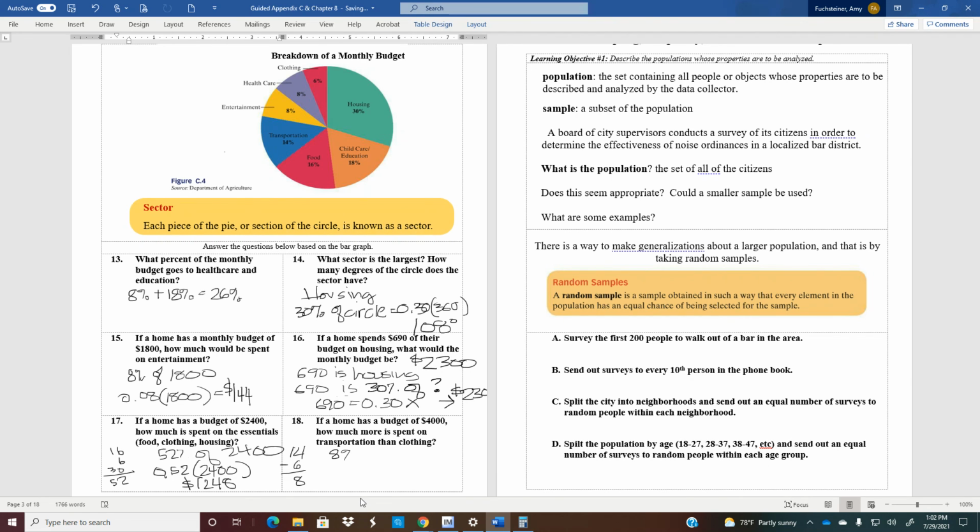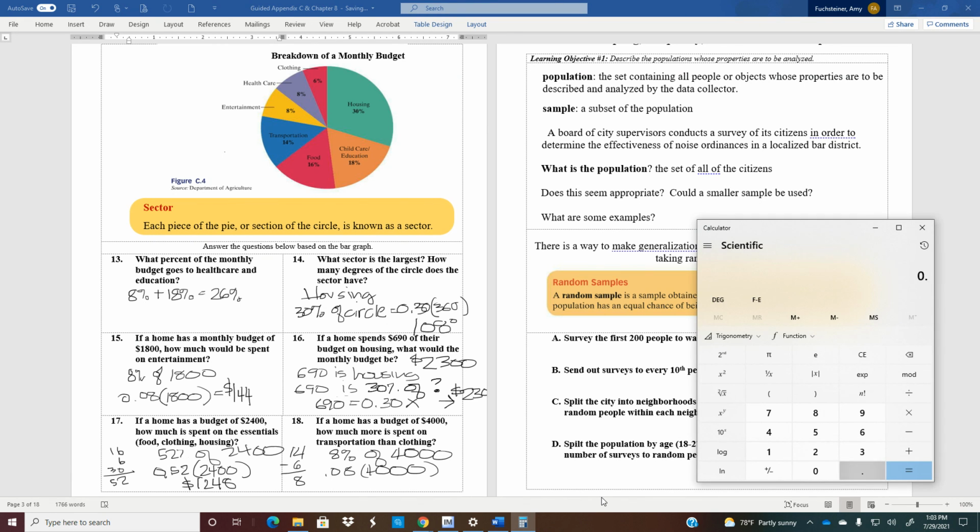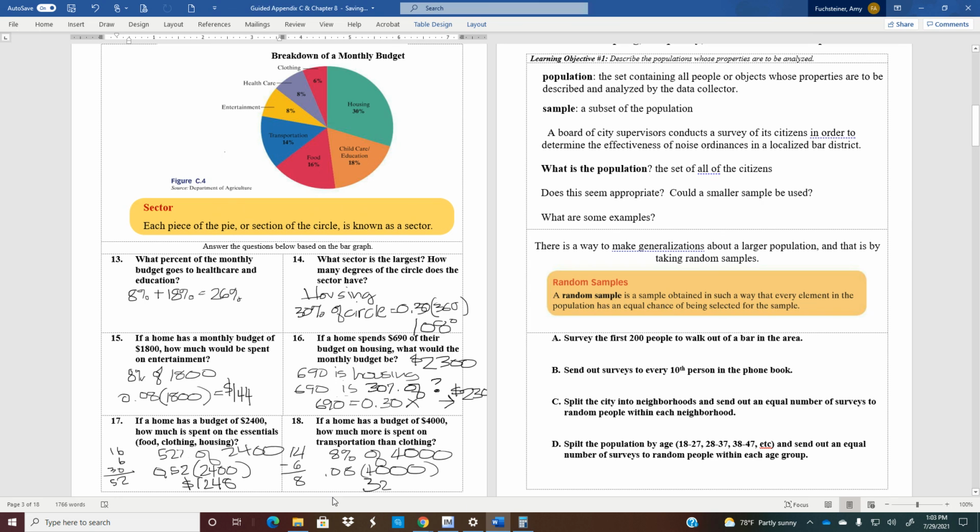So we need 8% more of 4,000, or 0.08 times that 4,000. I think that's going to be 32. 0.08 times 4,000 is 320. Okay. So there's about $320 more spent on transportation than the person spends on clothes. They're probably spending an awful lot on transportation and are not buying many clothes because of it.